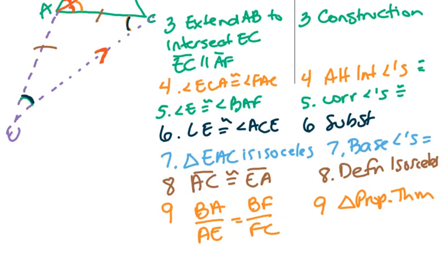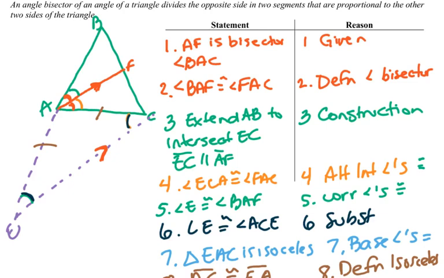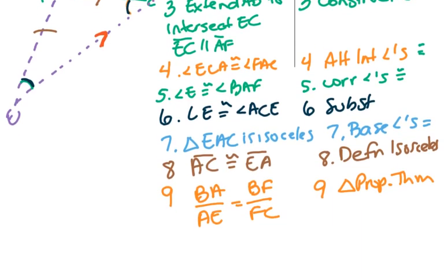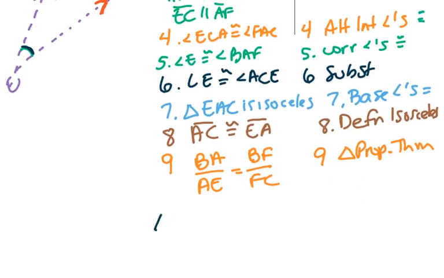Okay, and then the last thing that we're going to do, we're trying to prove what we were trying to prove in the first place. So what we were trying to prove in the first place is that BF to FC is going to be equal to BA to CA. That's what we're trying to prove. So since we have the proportions already set up, I can actually say then that BA to AC.